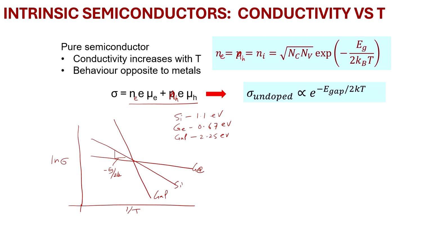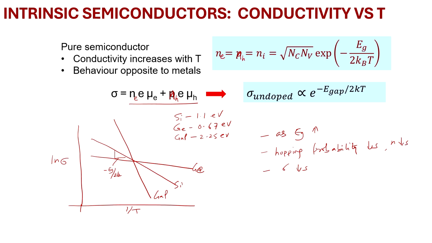As you move towards higher band gap semiconductors, as Eg increases, your hopping probability decreases, and hence sigma decreases, because your n value decreases.